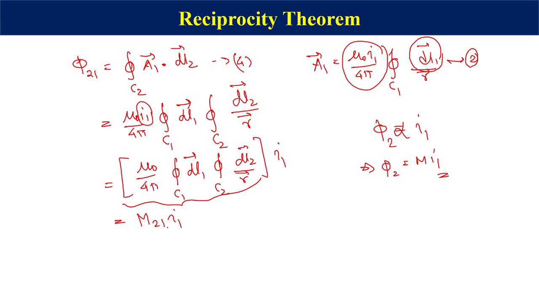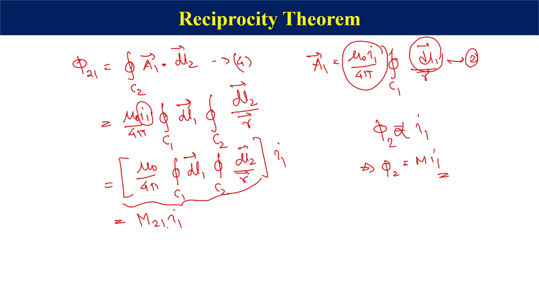So in this case I have a new expression for M21. Previously we didn't have any such expression. Here we have an explicit and much more detailed expression of M21: a double closed integral of the elements of length, multiplied by mu naught upon 4 pi.